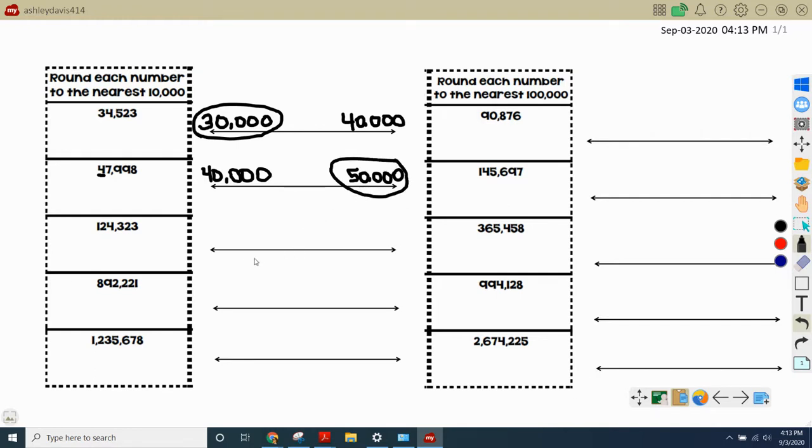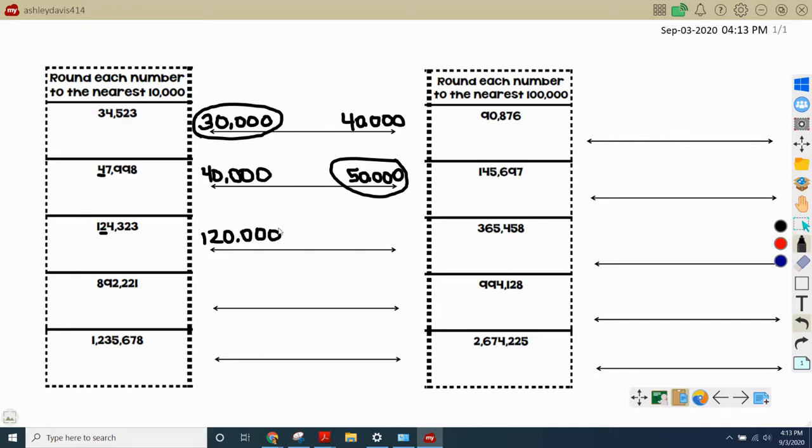All right, so we're going to do one more with our 10,000s, then we're going to move over to our 100,000s. Okay, so we're still rounding to the 10,000s, which is 2. Okay, and that's 100. This is 20,000, but we're going to think of it as 120,000.